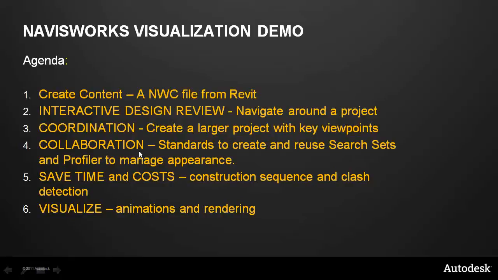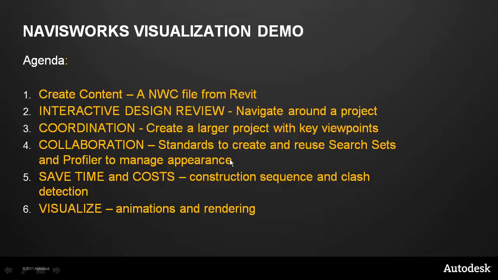And then I'll look in the collaboration phase, I'll look at how we can have standards for creating and reuse of search sets to manage combinations of groups of objects that are in the project. And I'm going to add the profiler for managing appearance.